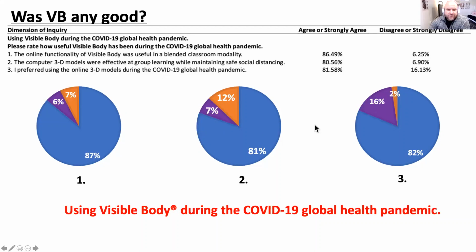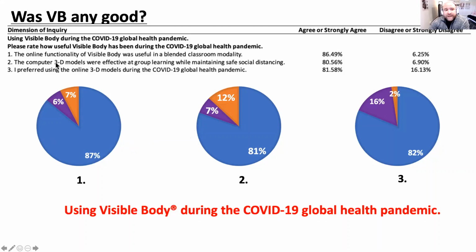So the last big question that remained was, well, that's great, but how useful was it during the challenges of the global health pandemic during COVID? Again, we see overall pretty large agreement that it was useful. The online functionality of Visible Body was really good for the blended classroom.